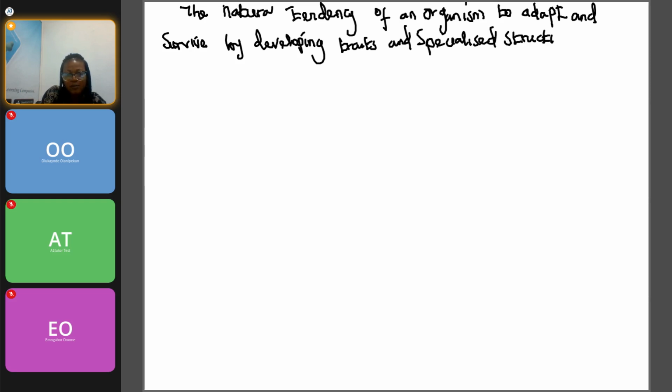So this is another definition of adaptation. Please take note of it.